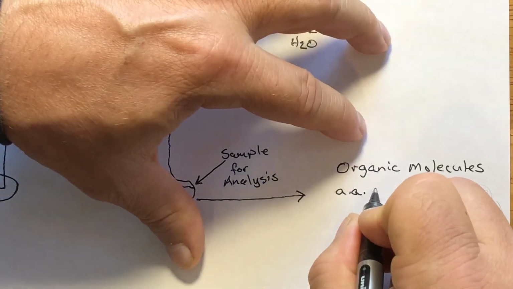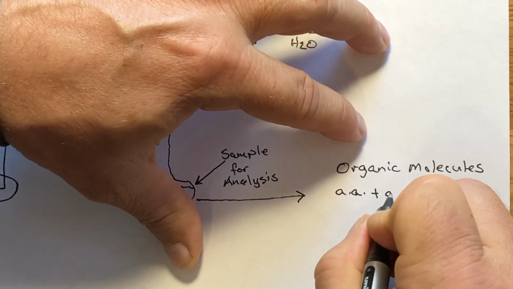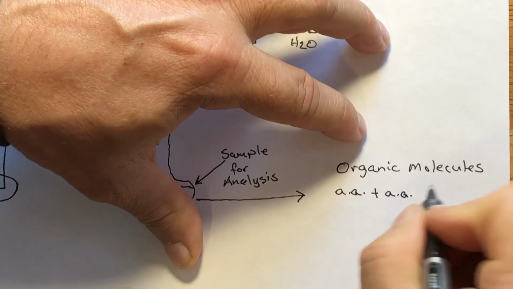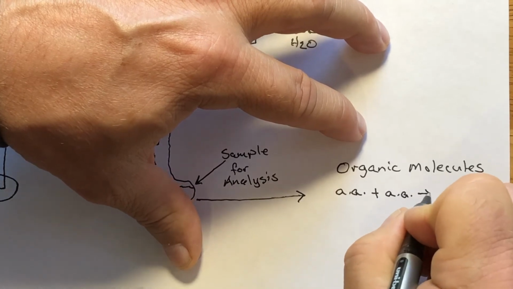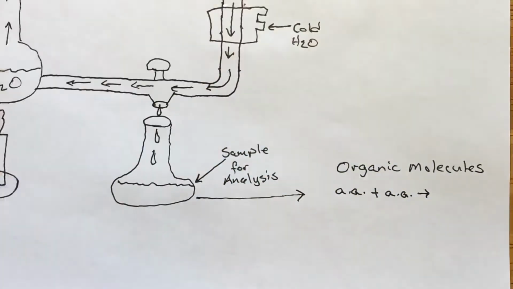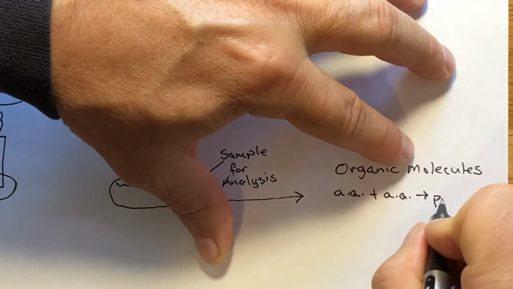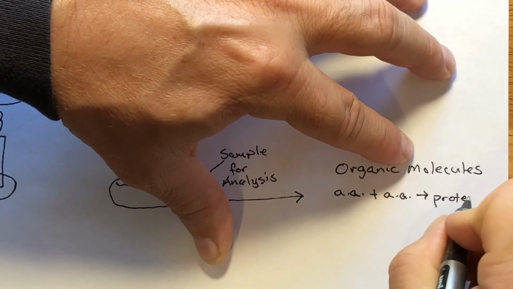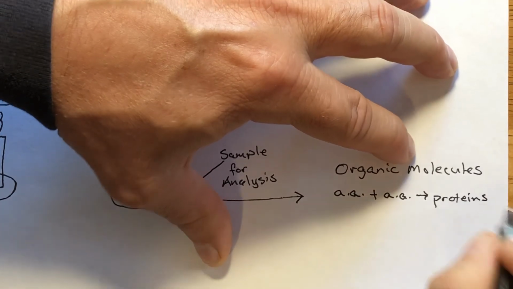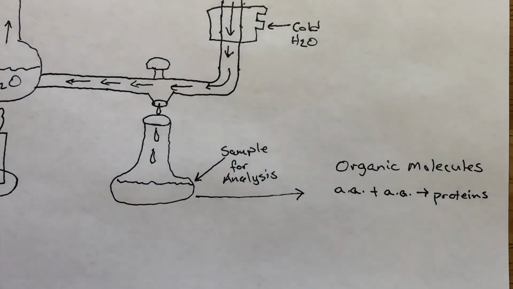But amino acids, if you start to combine these amino acids, they form one of those really important macromolecules that we find in cells that are kind of the structural and functional unit of cells, which are proteins. And living things, cells, are littered with proteins.